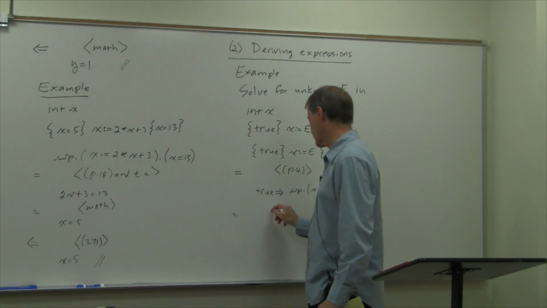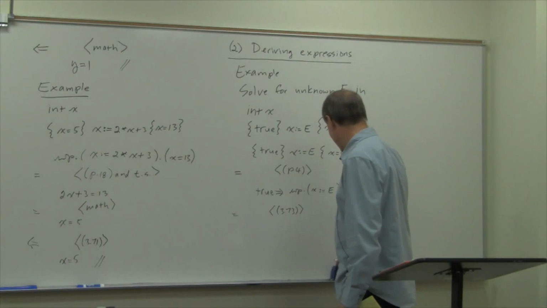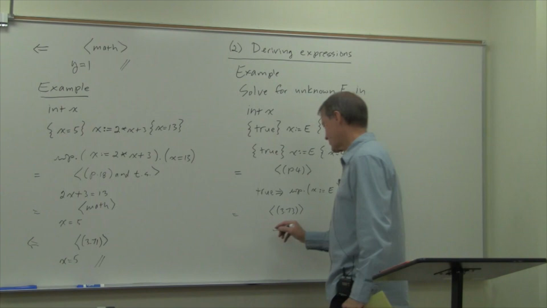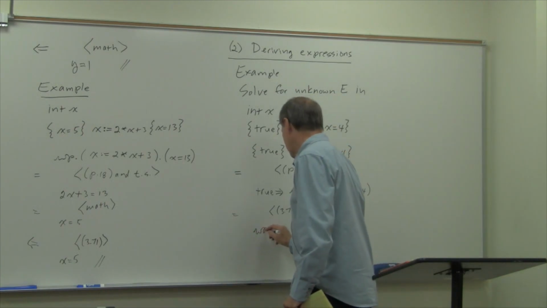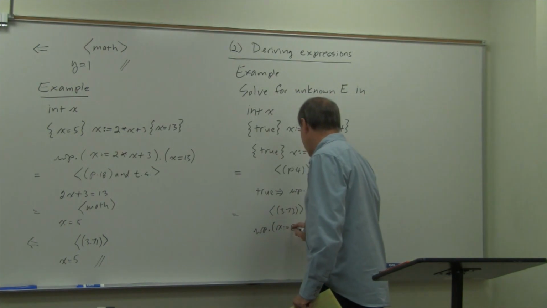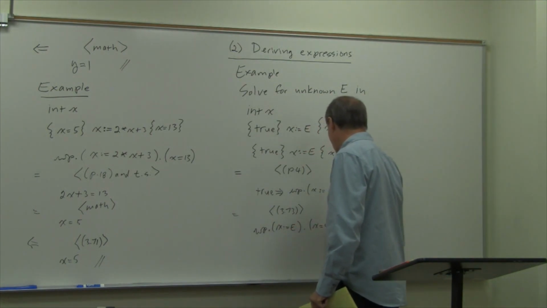We can handle this right away, right? It's 3.73. True implies P is just P, right? So this equals WP of x gets E, x equals 4.